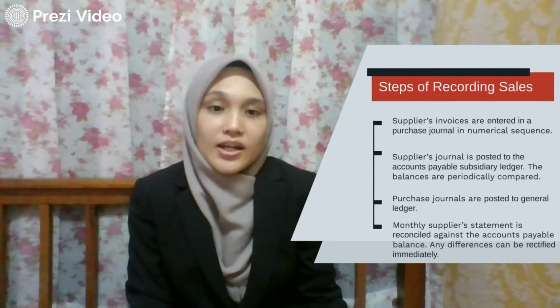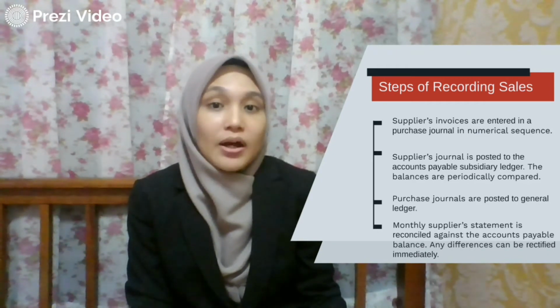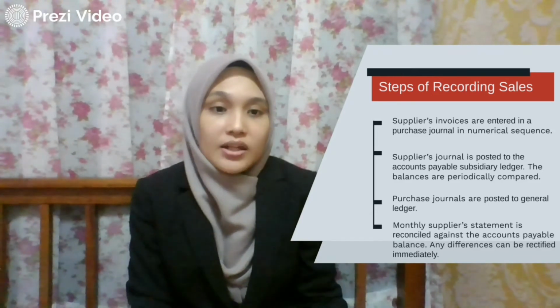Second, the supplier journal is posted to the accounts payable subsidiary ledger, and the general ledger and the accounts payable balance are periodically compared to make sure both balances agree. Then the purchase journal is posted to the general ledger, and lastly, a monthly supplier statement is reconciled against the accounts payable balance. So if there is any difference between the balance recorded by the company and by the supplier, it can be rectified immediately, so we can notice any difference.